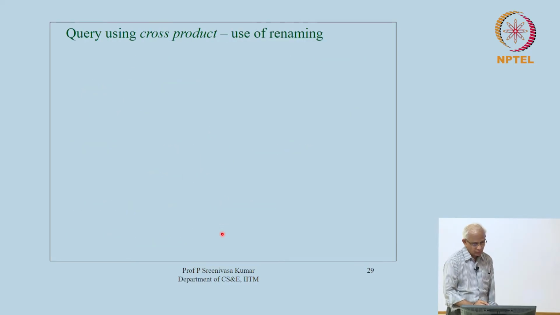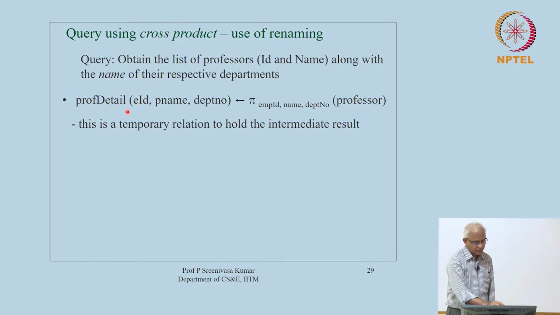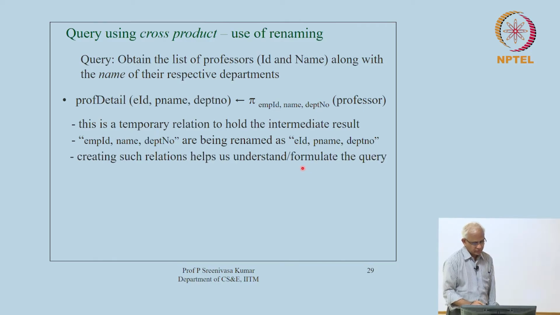So, the use of renaming I have specifically written here: this is a temporary relation to hold the intermediate results, and all these attributes are being renamed as EID, P name and department number. We discussed this already, and creating such relations helps us in understanding and formulating the query in an easier manner.